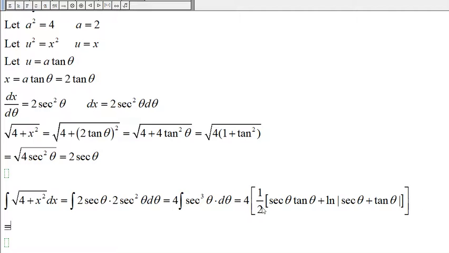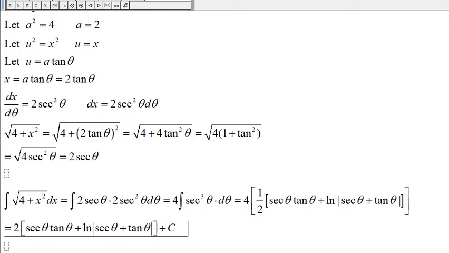And then 4 times 1/2 is just 2, so we get 2 secant tangent, and then plus the natural log of secant plus tangent, and plus c. And this is the answer.